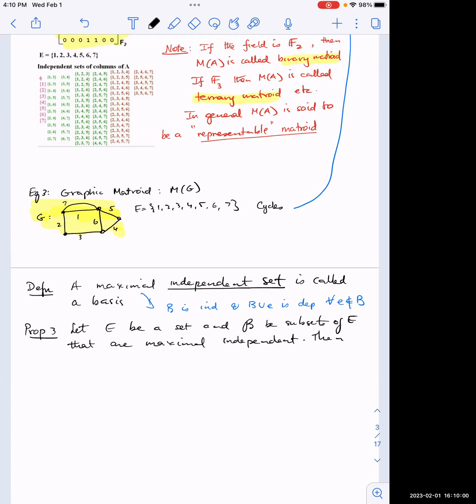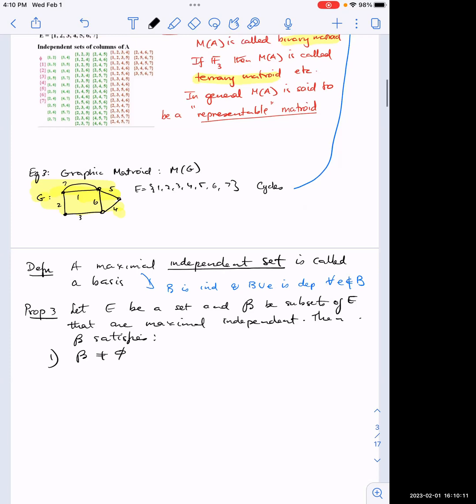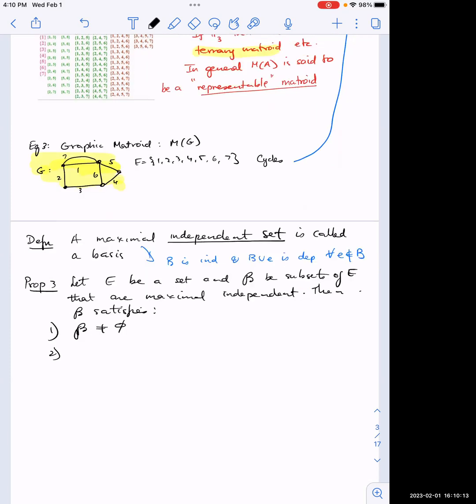Then B satisfies the trivial axiom, it shouldn't be an empty set. And this one is called the basis exchange axiom. Then there exists f in B2 minus B1 such that B1 minus e union f is in B.